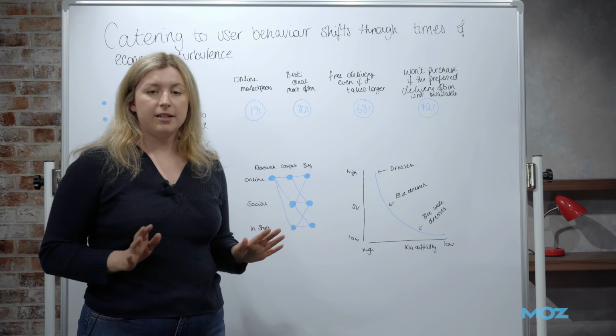And taking this a step further, this study also found that people would shop online more and in-store less to save money on petrol. So that's really important. All the way through the journey, people are making conscious decisions on how they shop to make the best use of their money.